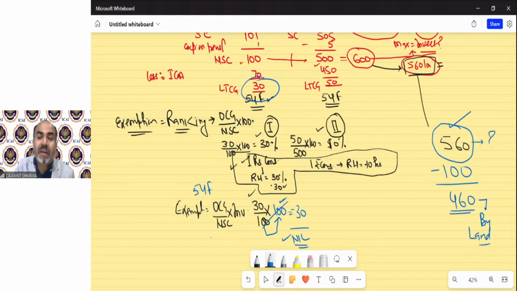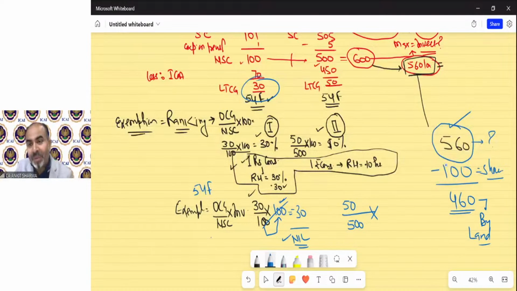Total investment is 560. 100 lakh shares investment we have claimed as exemption. Now balance 460 by which asset? By land, of course. Now the exemption formula will apply on land. Total capital gain 50, original capital gain upon net sale consideration. Land net sale consideration is 500 lakh. But can we write over here 500?